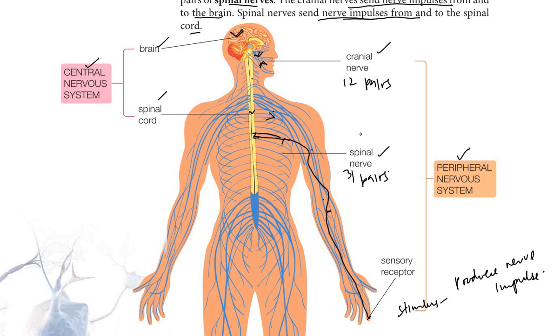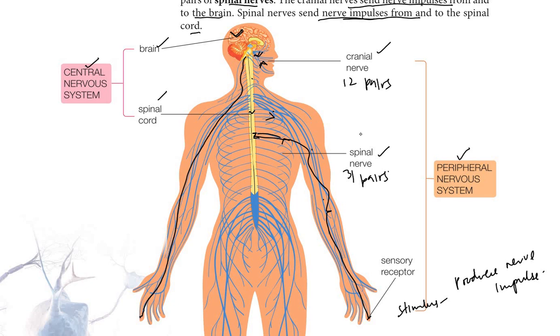But if, for example, the nerve impulse needs to be sent to the brain, then the nerve impulse from the receptor here will be sent to the brain by the cranial nerve.